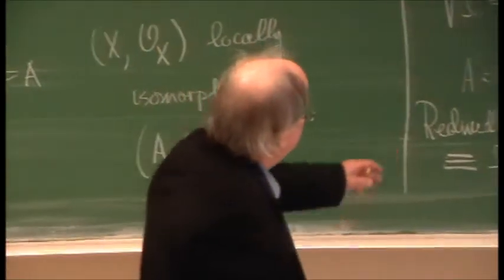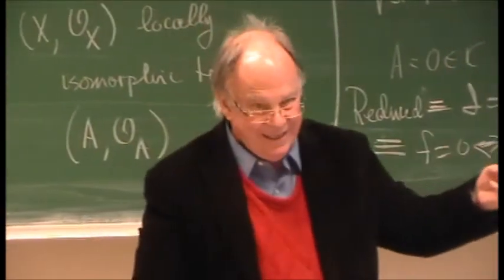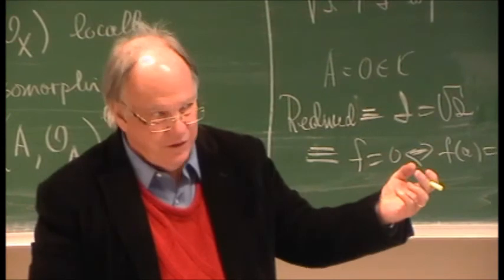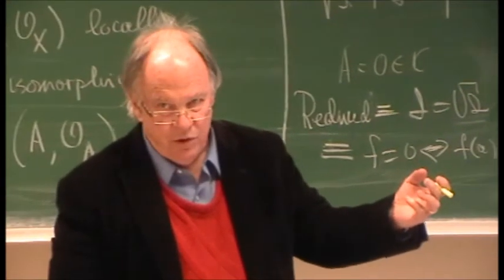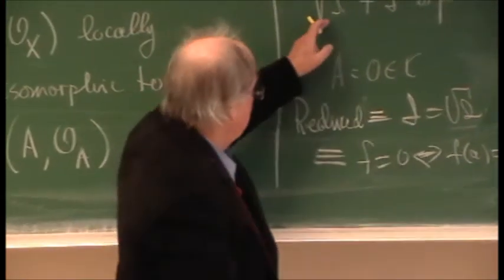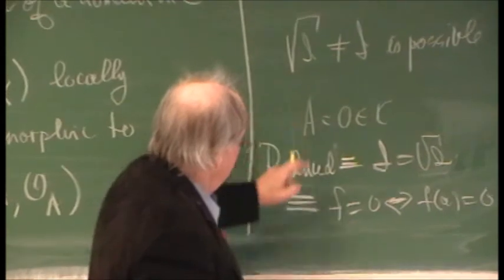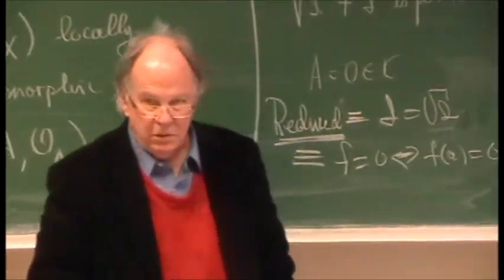The function z squared: the value of z squared is 0, but z squared is not 0, and z, in the quotient model, has value 0 but it's not the 0 function. Okay? So that is not a reduced thing. And these things really occur in complex analysis and algebraic geometry. You can't avoid it, but at first, for sure, you should take reduced spaces.